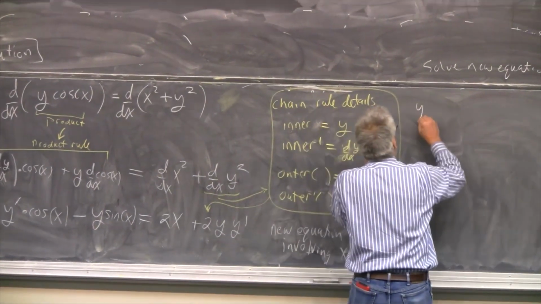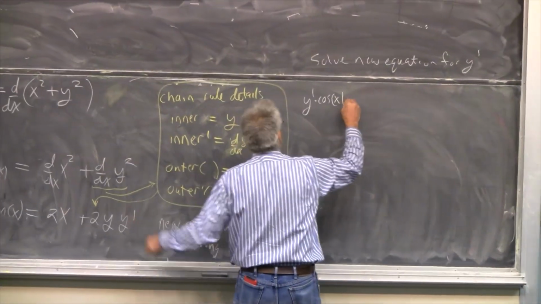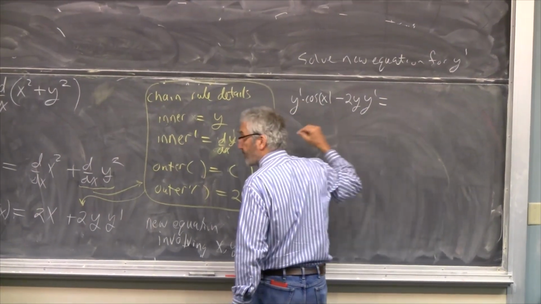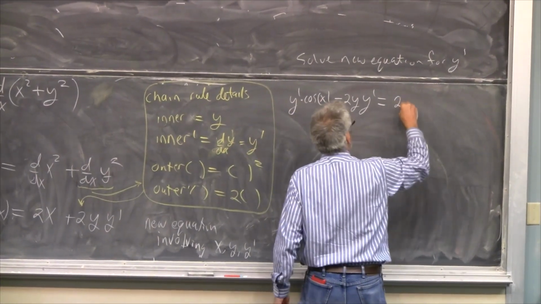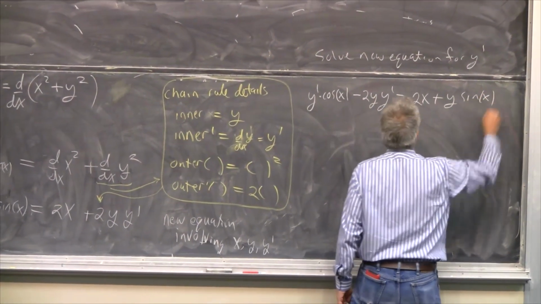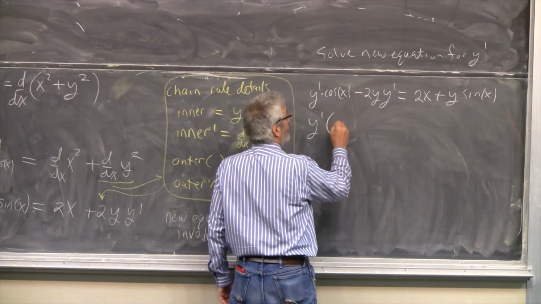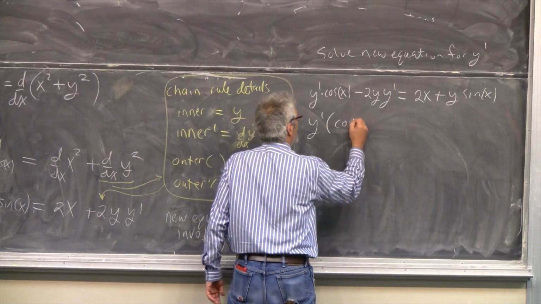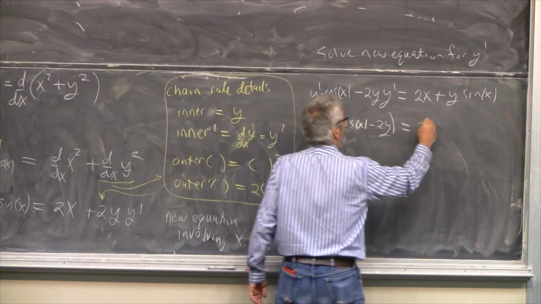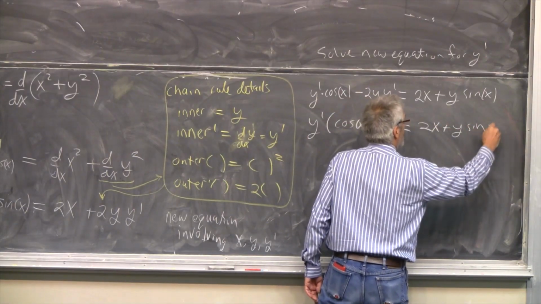So I have y prime times cos x minus 2y y prime equals, on the other side, 2x plus y sine of x. And I'm going to factor out the y prime times the quantity cos x minus 2y equals 2x plus y sine of x.